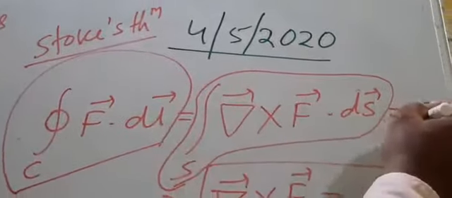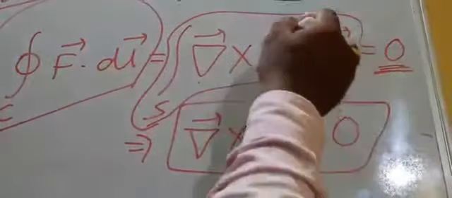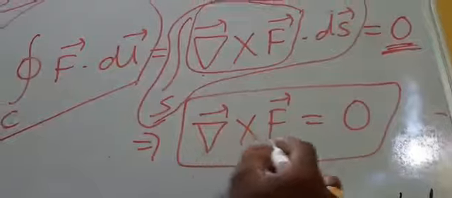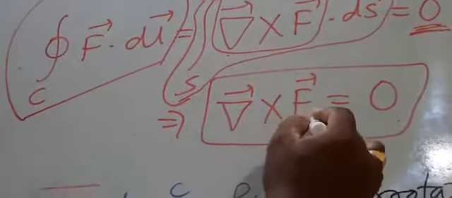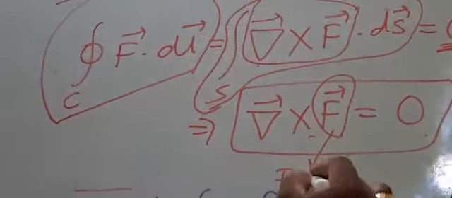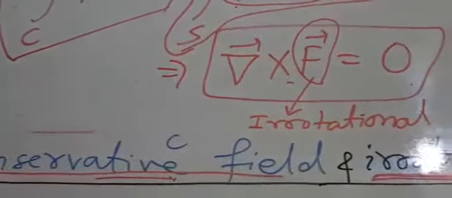As the result is 0, if the integration is 0, the integrand part should be 0. That means curl of f is equal to 0. So already we know if the curl of any vector field is 0, then that vector field is called an irrotational vector field.